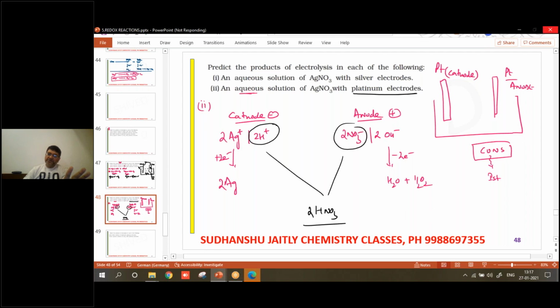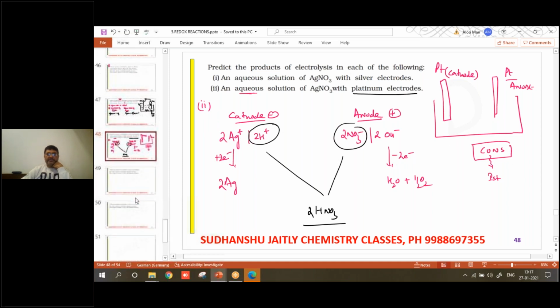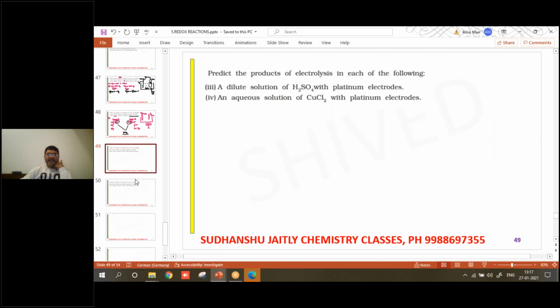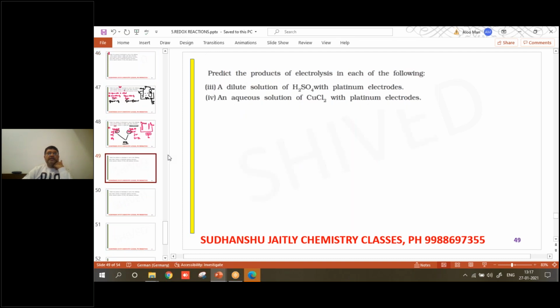Silver will be produced, cathode पे, एनोड पे ऑक्सीजन आएगी। पिछले वाले केस में एनोड पे सिल्वर was being oxidized, यहाँ पे OH negative is being oxidized, and see nitric acid remains as such. वही मैंने उसको डिवाइड कर दिया बेटे.